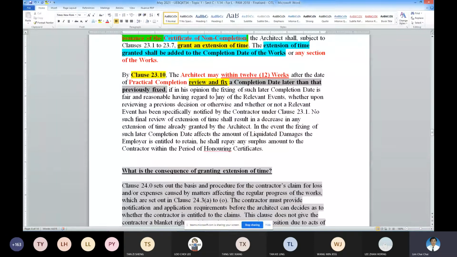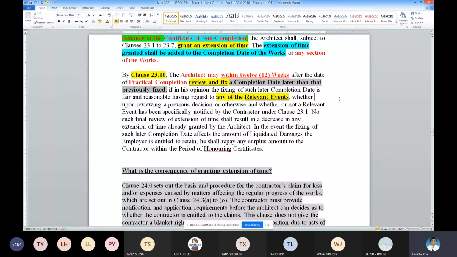The architect cannot say, okay, I give you another 10 days or 20 days. No such thing. The extension of time granted must be tied back to the relevant event under clause 23.8 a to y. If it's outside, the architect is in trouble. These are important points to remember.